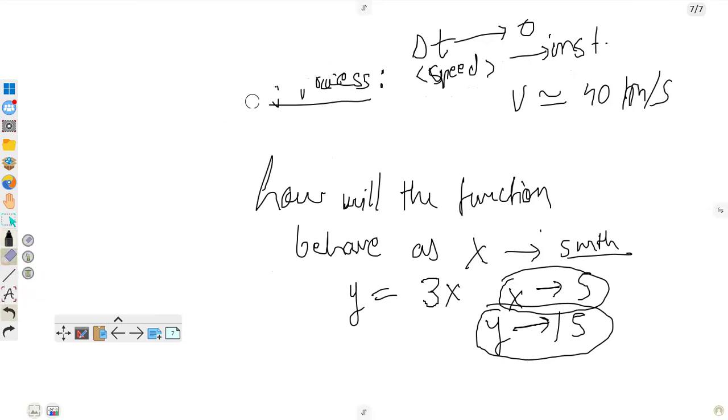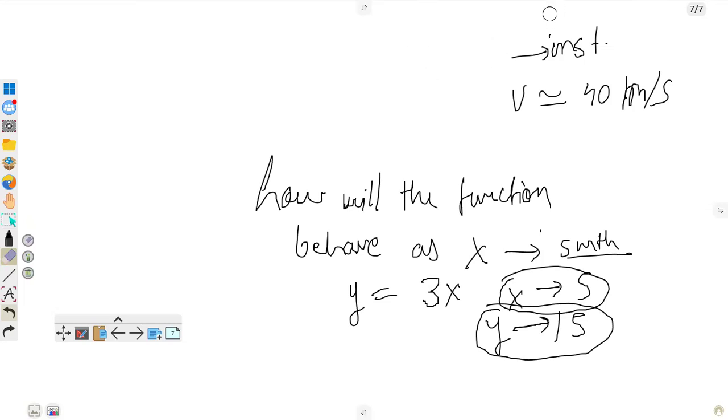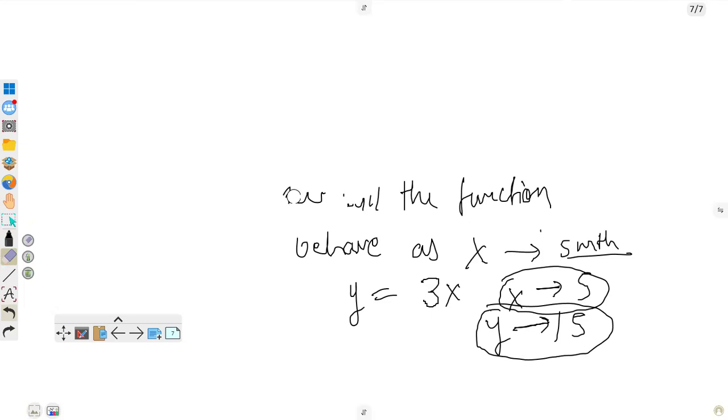Okay. So let us discuss something. Let us discuss infinities and what infinitesimals are.